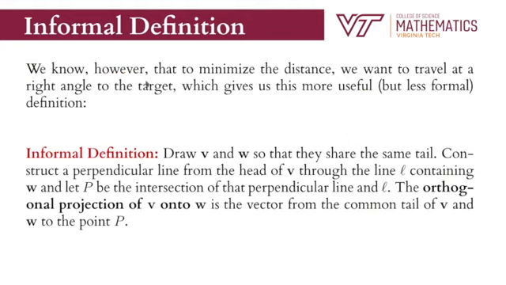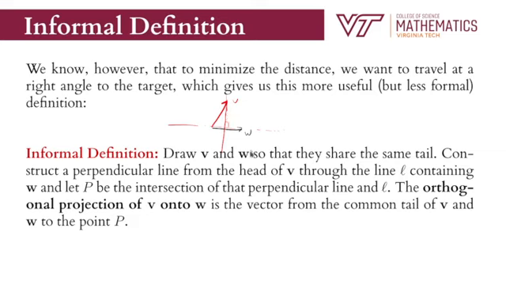So to minimize the distance, we want to travel at a right angle to the target, which gives us this more useful definition. It's not as formal, but it's more useful. Draw V and W so that they share the same tail. We've already done that. So if this is W and this is V, construct a perpendicular line from the head of V through the line that contains W. So we're just going to draw a perpendicular that goes through V and through that line.